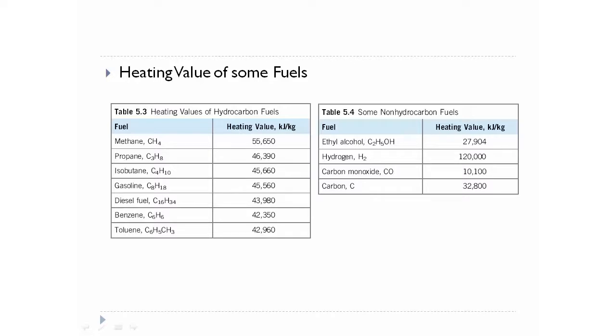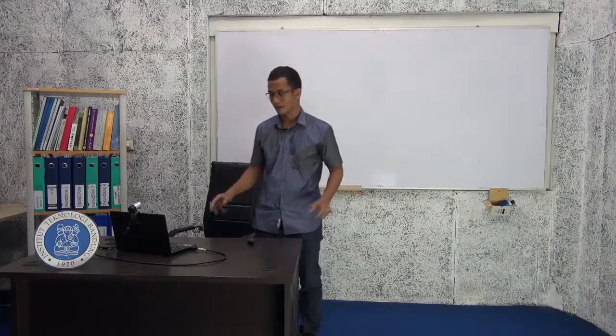For some non-hydrocarbon fuels as well, we have them here. Before you go inside of the class, please study what heating values are, what the purpose of heating values is, and what they tell us, so later in the class we will have a more involving discussion.